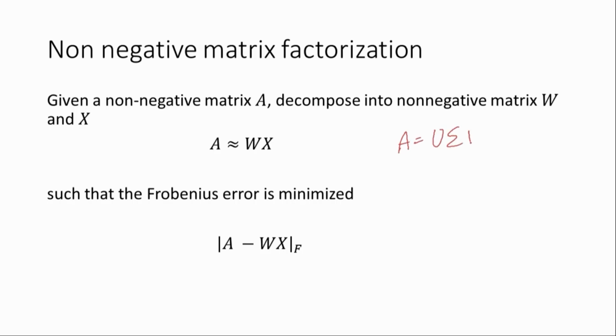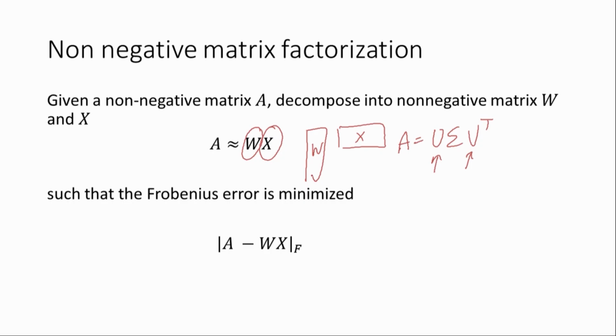One problem when we did A equal to U sigma V transpose was that we are putting orthogonality constraints on U and V. What that really means is that U and V will have both positive and negative entries, because orthogonality constraints naturally bring in negative entries. So one problem is that sometimes it becomes a little hard to interpret. Another important category of matrix factorization is when you decompose it into two low rank matrices, W and X.